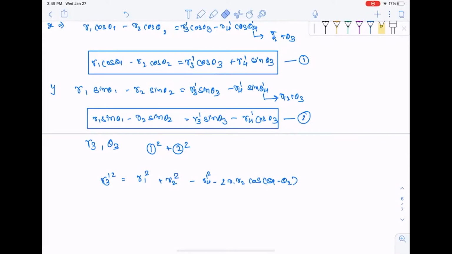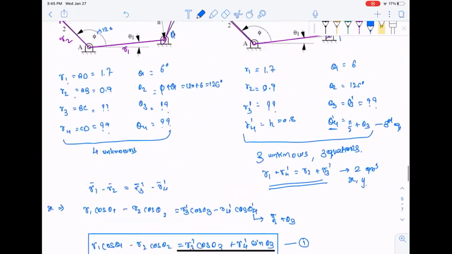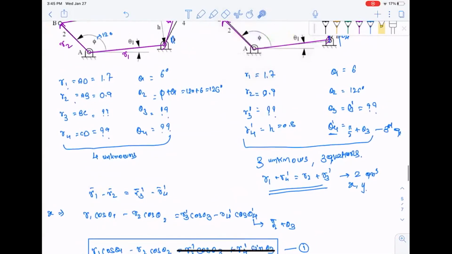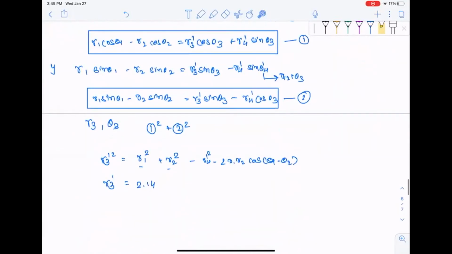If you evaluate this equation, you have to put in the values of R1 and these parameters from the right hand side of the table, and the answer that you are going to get for R3 dash is 2.4.